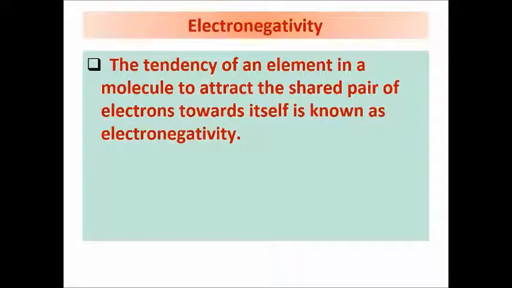As we know, gain of electron is also involved here. The only difference is the phrase about attracting the shared pair of electrons. So electronegativity and electron affinity are almost the same.